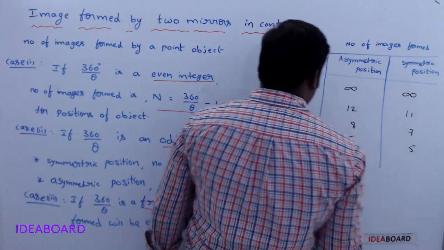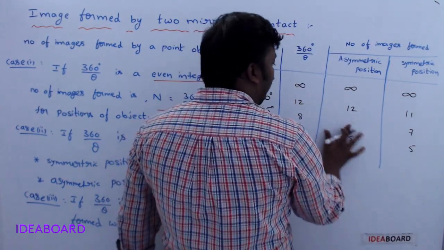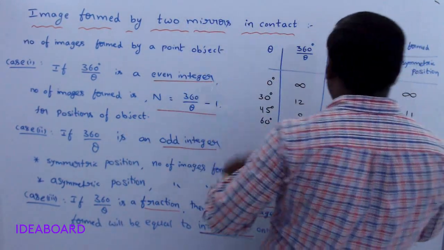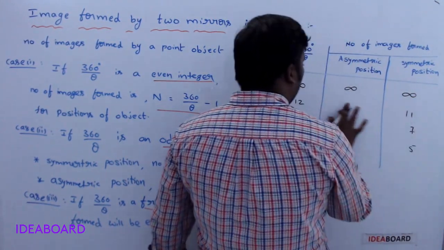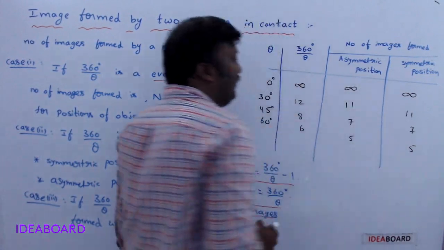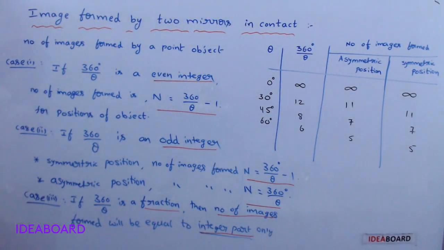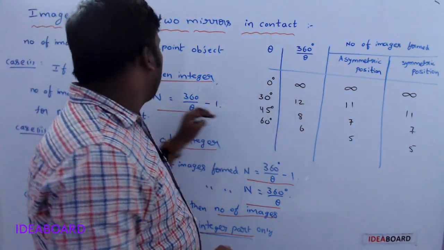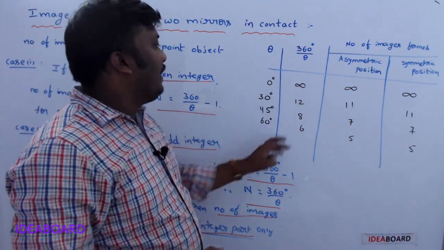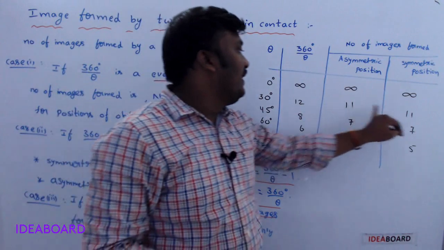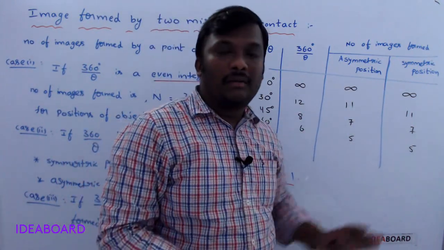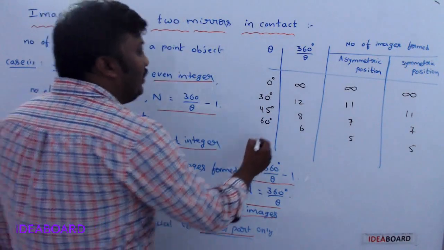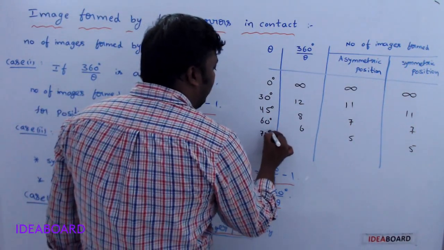Similarly for 30 degrees it is 11, and for 45 degrees it is 7. These are even integers, that's why my answer is 360 by theta minus 1. So 12 minus 1, 11; 8, 7; 6, 5. Clear? Now go to the angle 72 degrees.